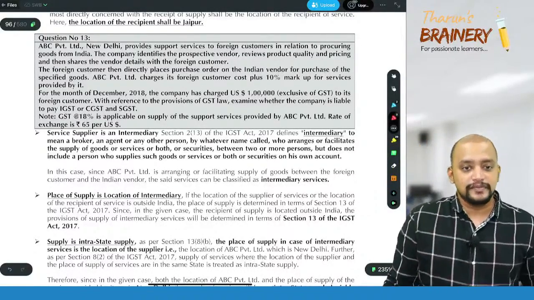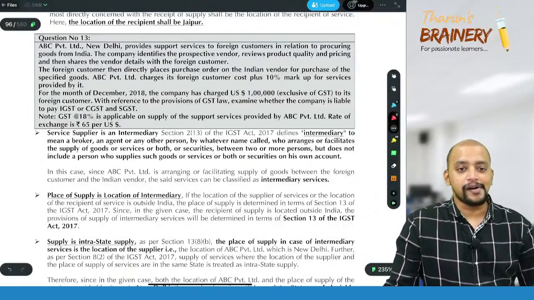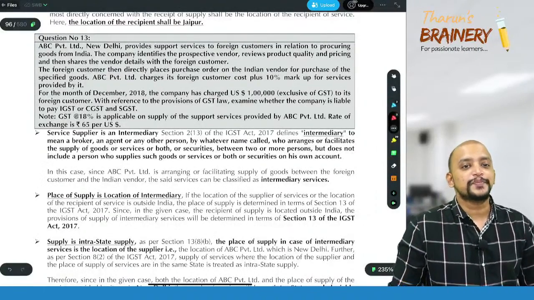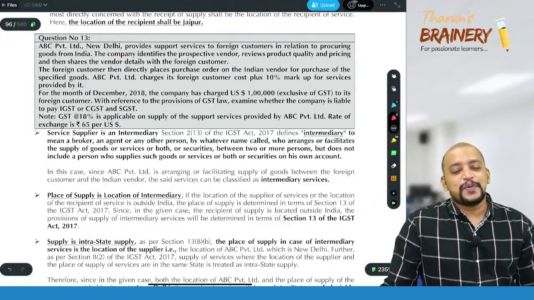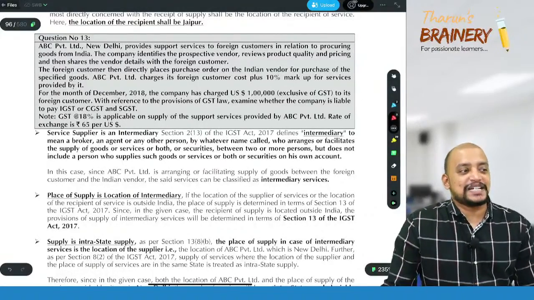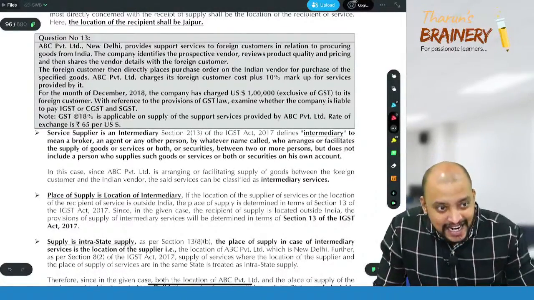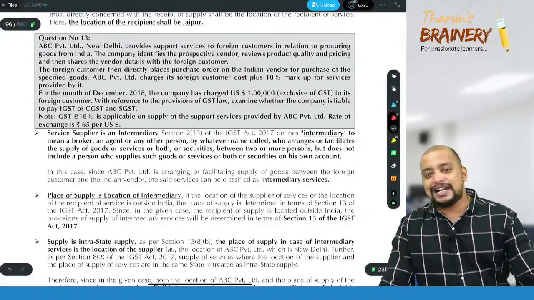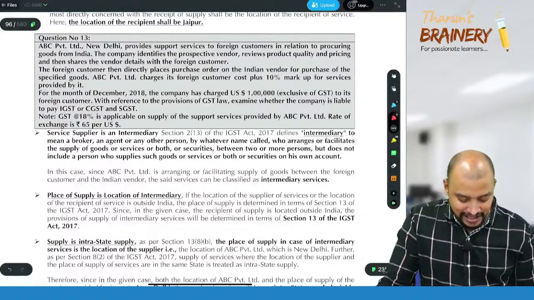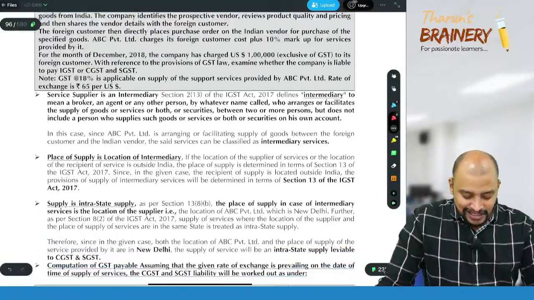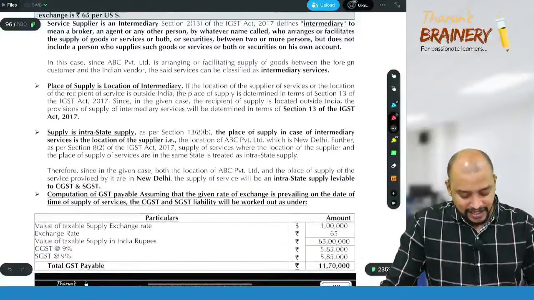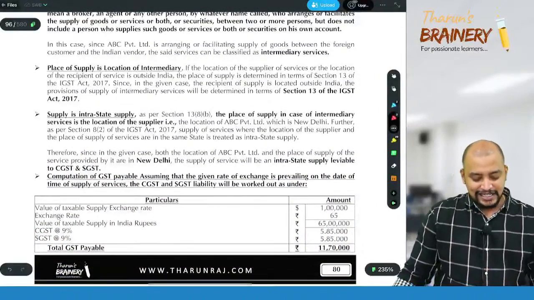And yes, very good. So once the place of supply is determined under section 13, it will never be treated as intrastate supply. Okay, so it will be deemed interstate supply.